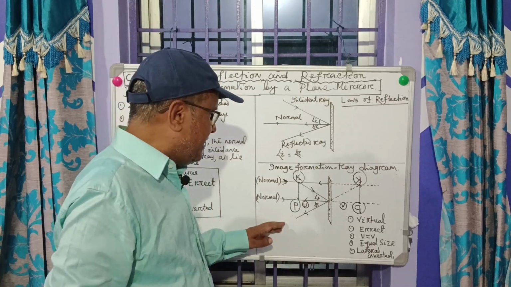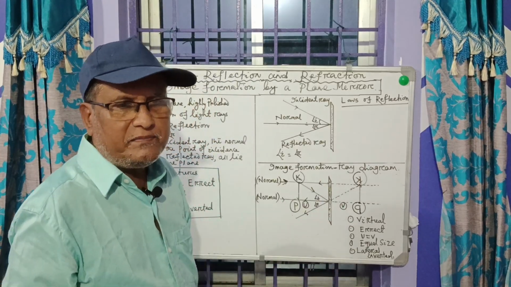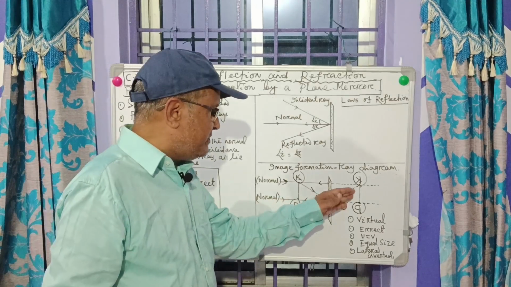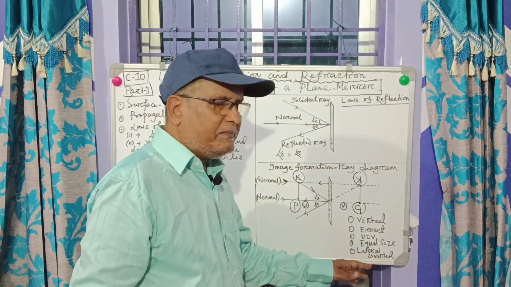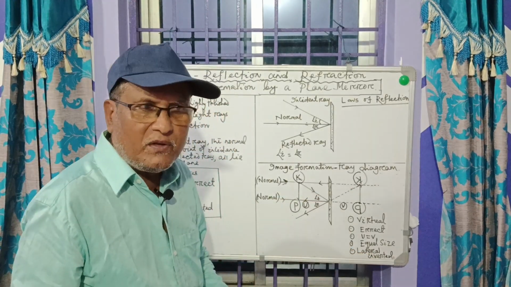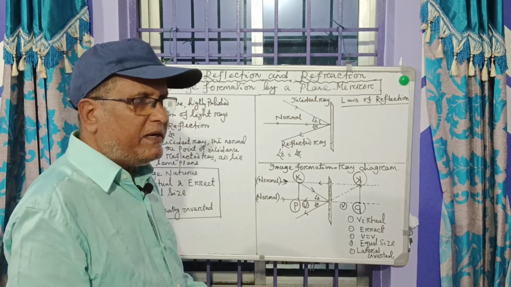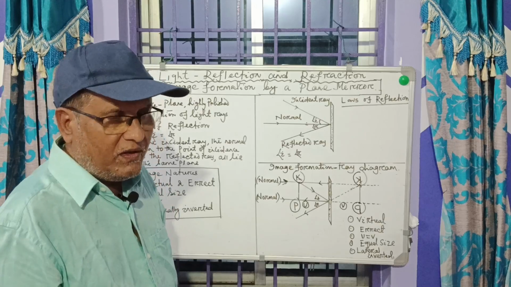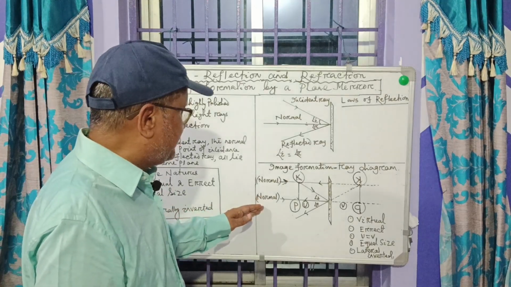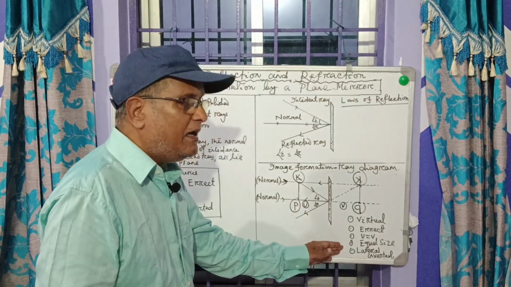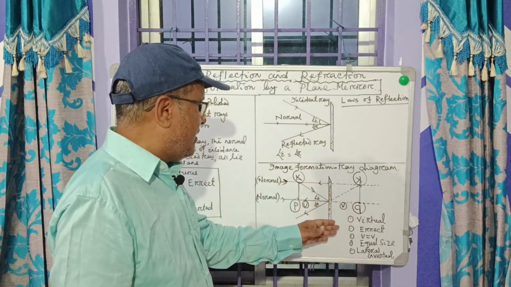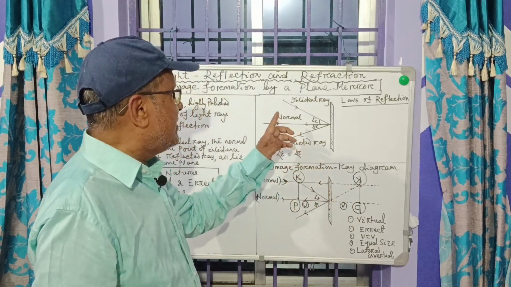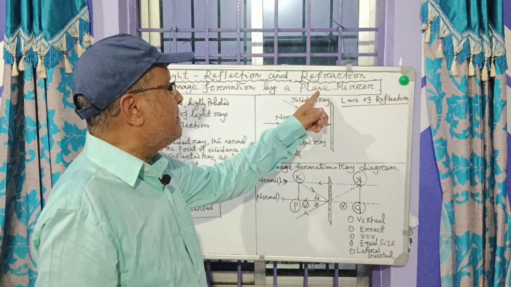That is an important feature of the plane mirror: the image formed is laterally inverted. Please experiment by standing in front of a mirror. These are the natures of an image formed by a plane mirror.